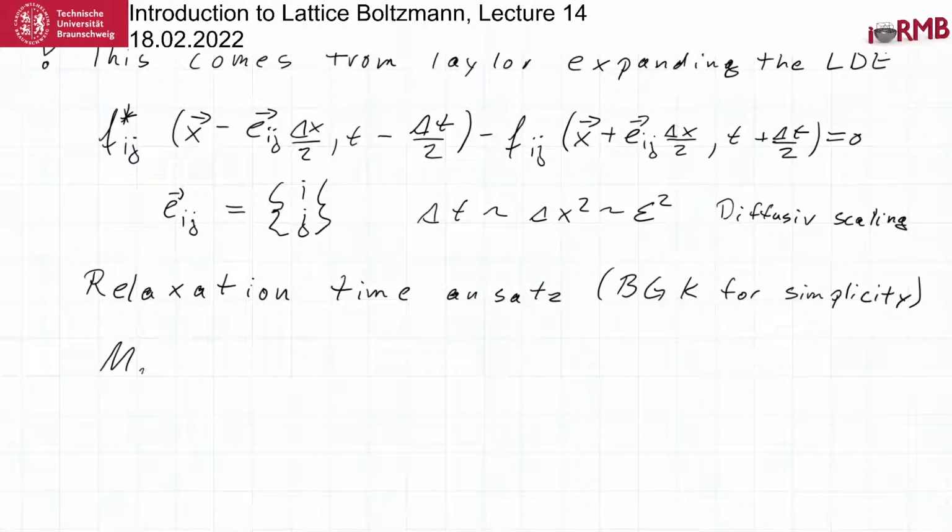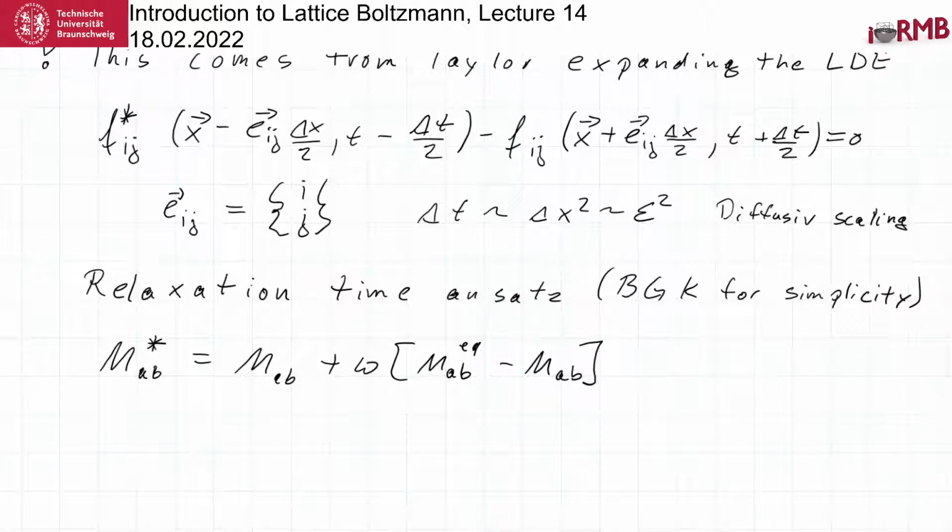So then we have the moment M_AB asterisk. This is the post-collision state, M_AB plus omega_AB, the equilibrium minus the pre-collision version. And this omega_AB is the post-collision state minus the pre-collision state.